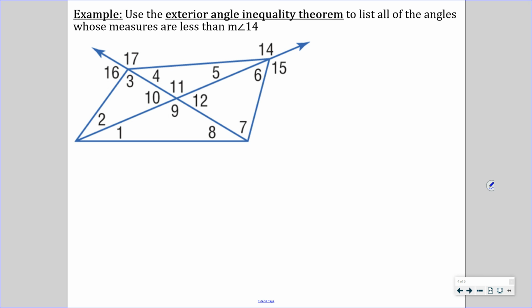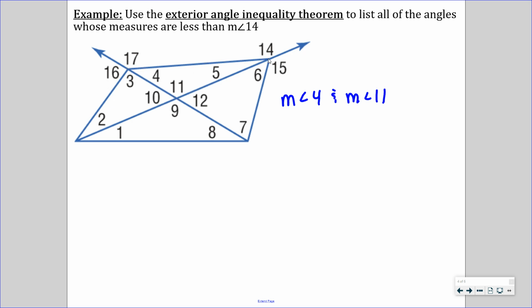All right. I first looked at this small triangle. So looking at that triangle, what two angles does 14 have to be greater than? Good. 4 and 11. These two. 4 and 11.